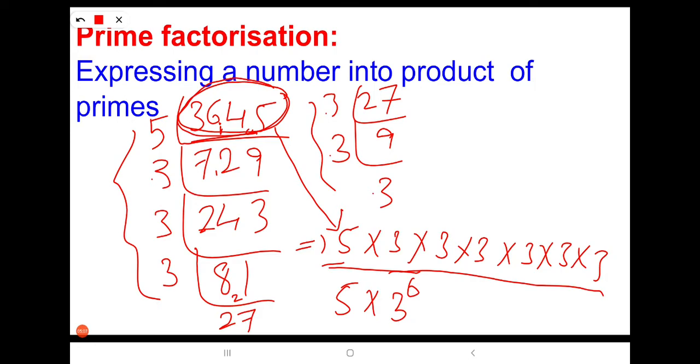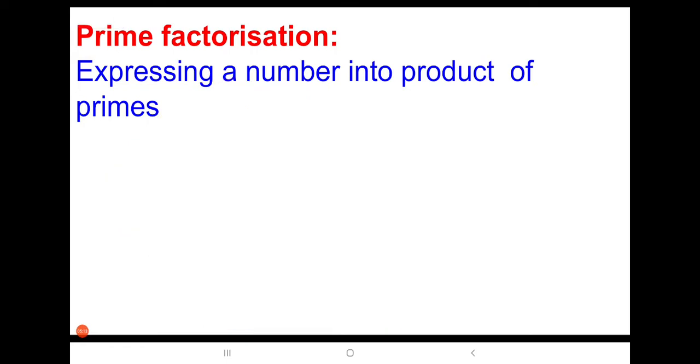Remember one thing while taking prime factorization: some children may make this kind of mistake. I have seen it in lots of situations, that is why I am explaining here. 3645 is there.